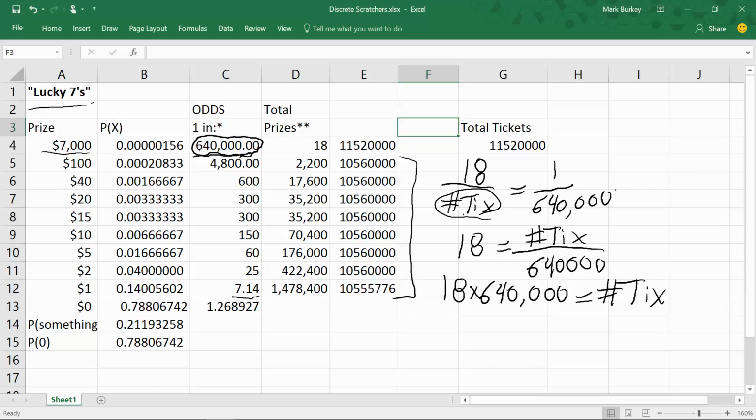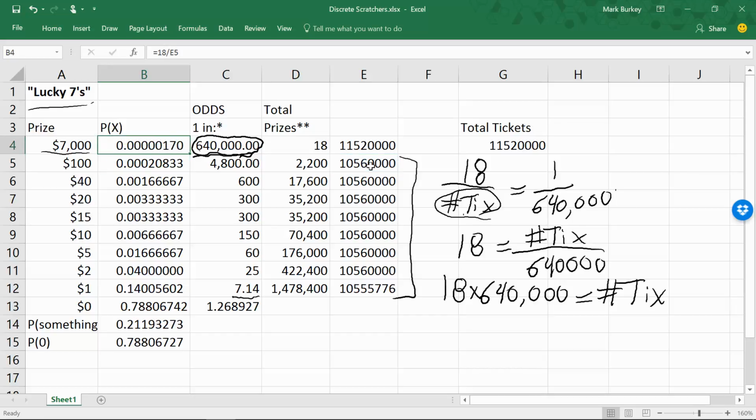They've rounded it. So what this is telling me is that the total number of tickets must be these numbers, 10,560,000, and that this is actually incorrect, therefore that odds is incorrect. So really, the probability here should be equals 18 divided by, so 18 tickets out of the total, 10,560,000.